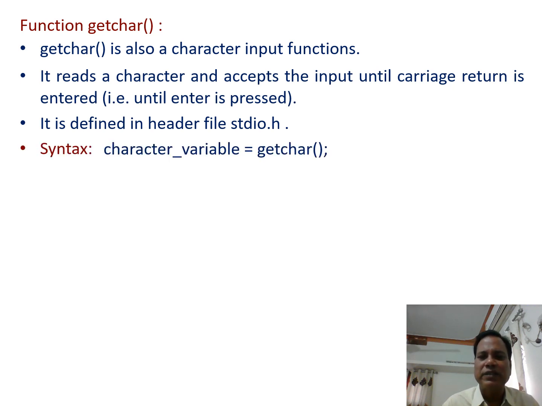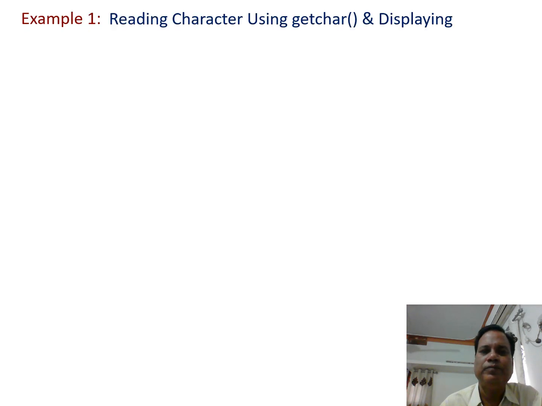The syntax for this is character variable equal to getchar(). So here we declare a character variable, and on the right side of the assignment operator, the getchar function, and at the last a semicolon. So whatever character is taken in, that is stored in the character variable.